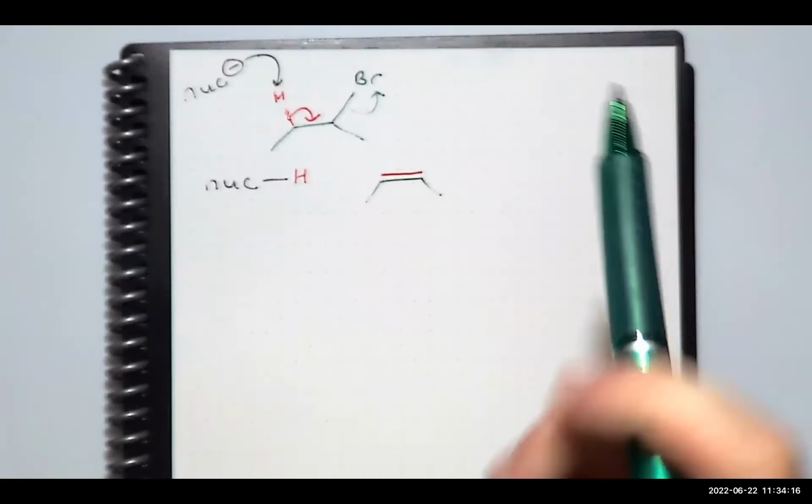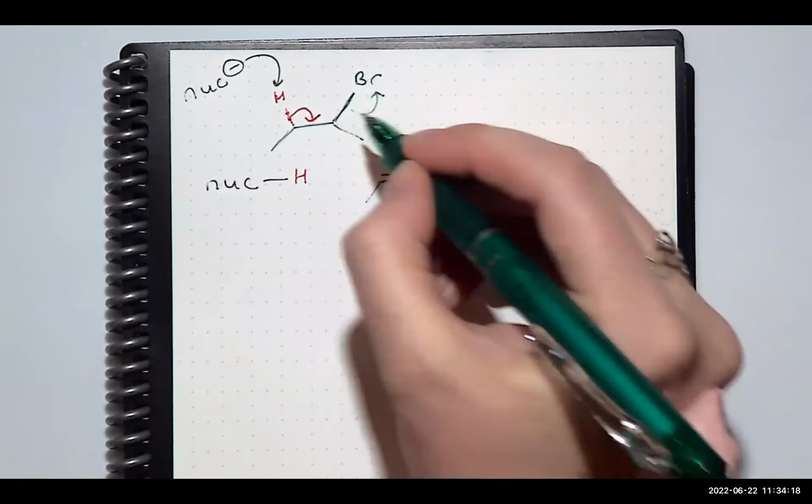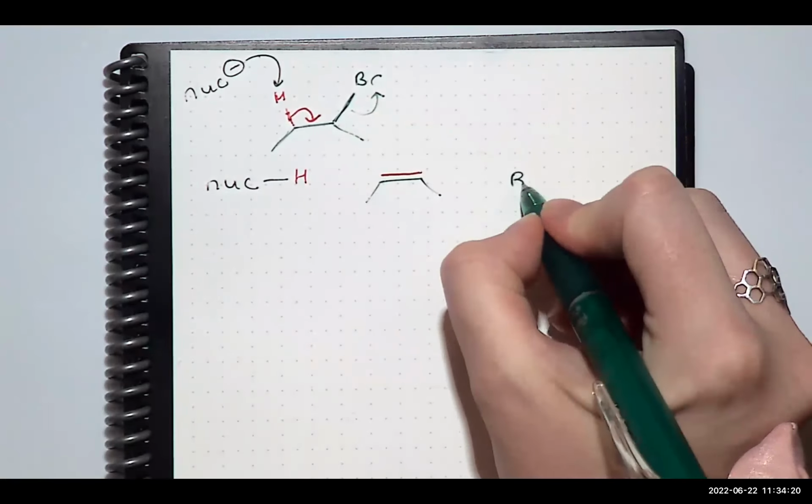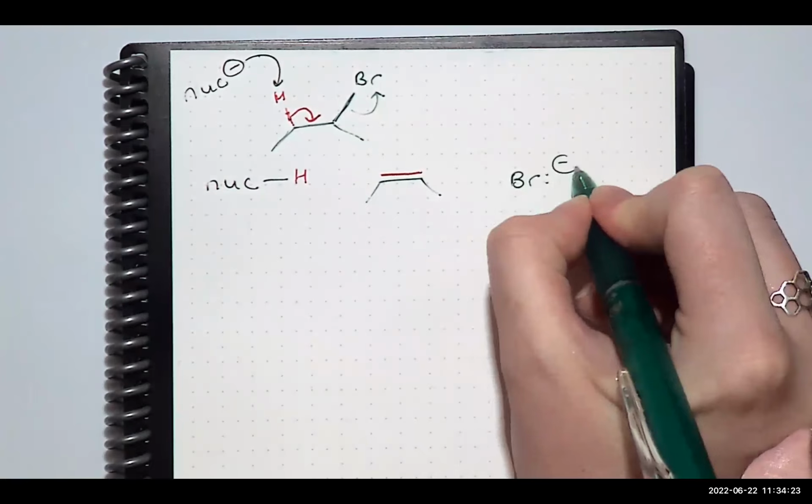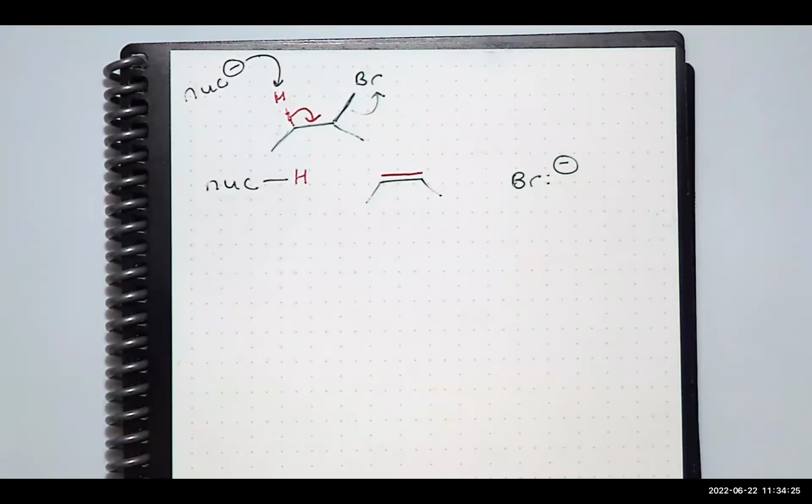And then the bromine left with the electrons that had been making up this bond. So now that bromine has a new lone pair and it's negative. Total, it has 8 lone pairs. Does that make sense? You see where all those electrons are moving? Great. Okay.